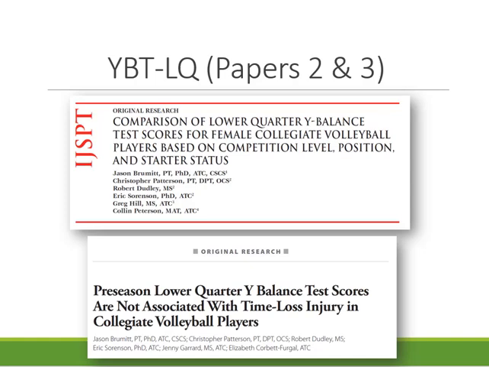So I was able to write something up looking at what the mean scores were based upon competition level, player position, and starter status. And then the subsequent paper we published was one that looked at the risk of injury based upon Y balance scores, and there was no association or no risk.